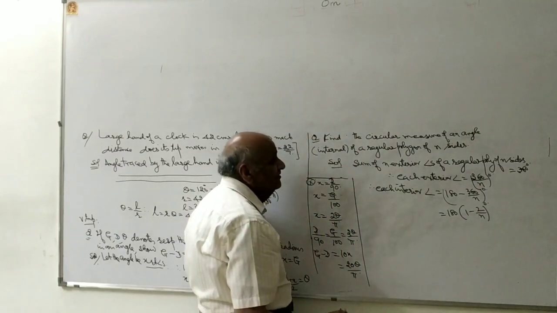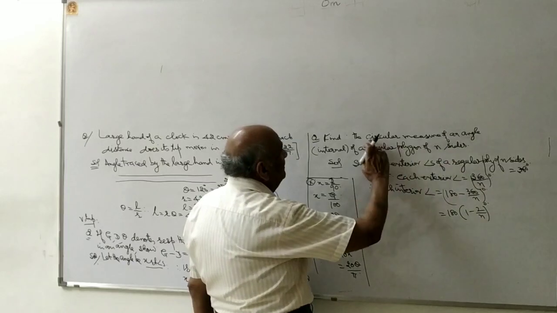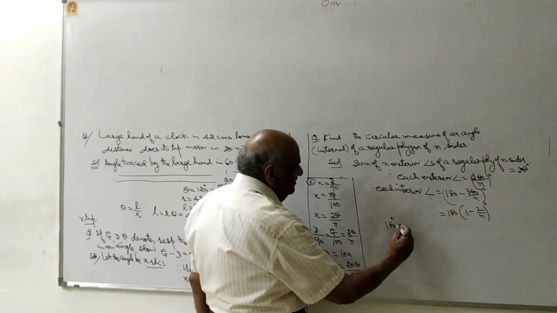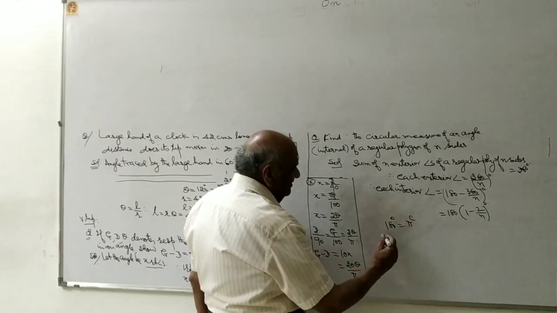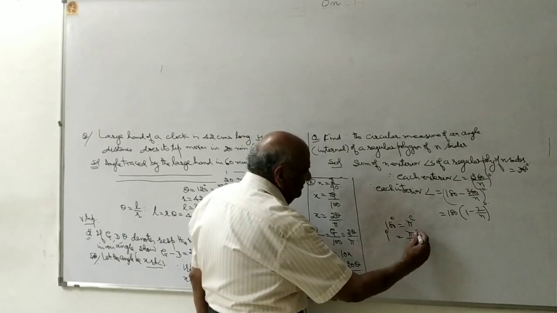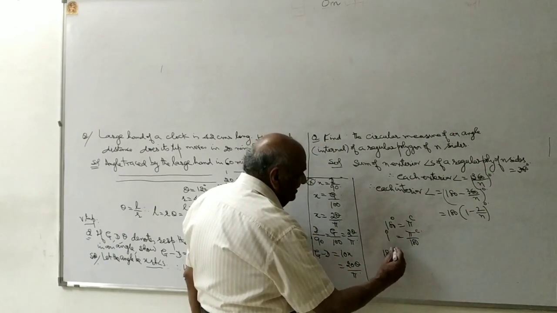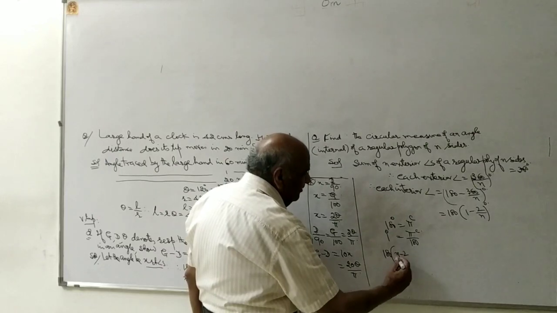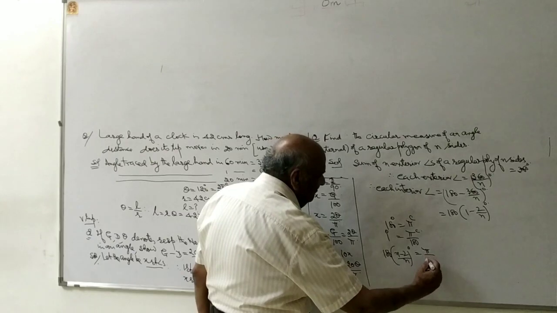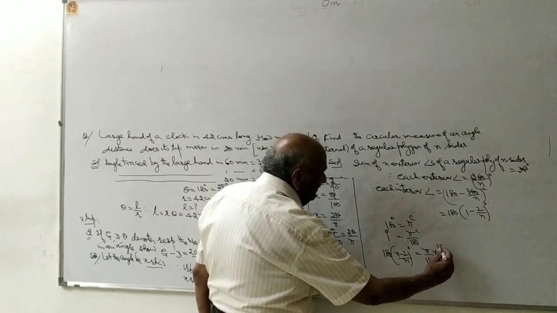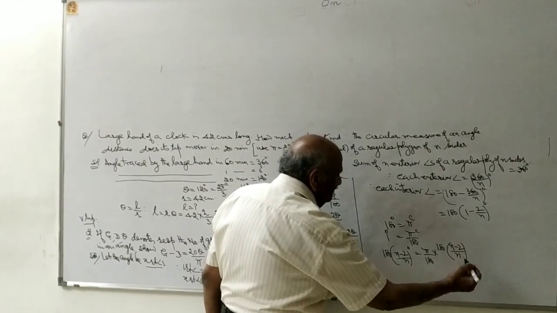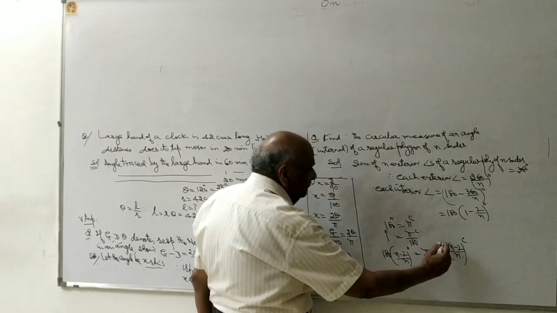Now we have to find out in radians. He says find the circular measure, so apply the scale: 180 degrees is equal to pi radians, 1 degree is pi upon 180 radians. Therefore 180 into n minus 2 upon n degrees is pi upon 180 into 180 into n minus 2 upon n radians.